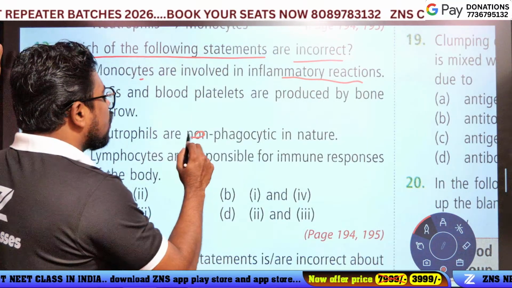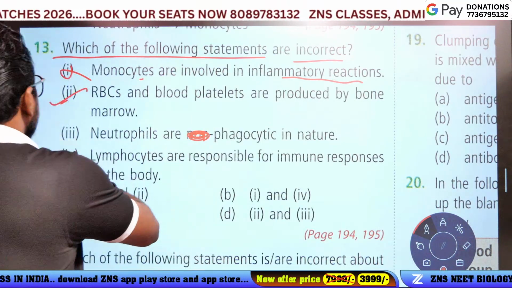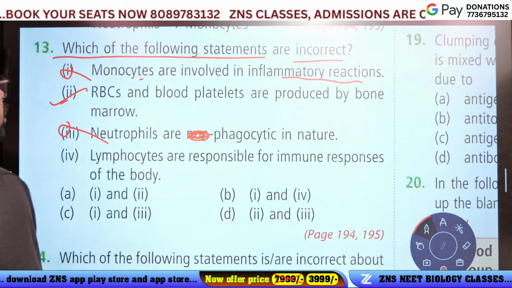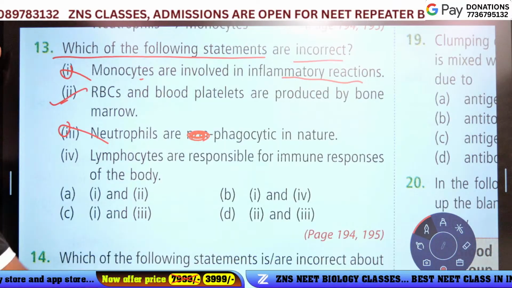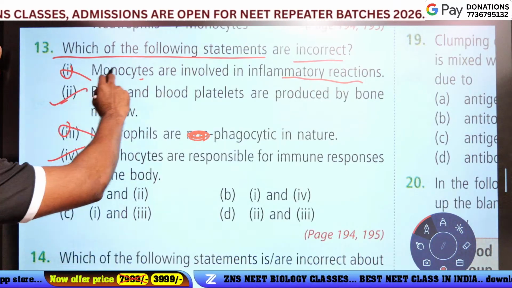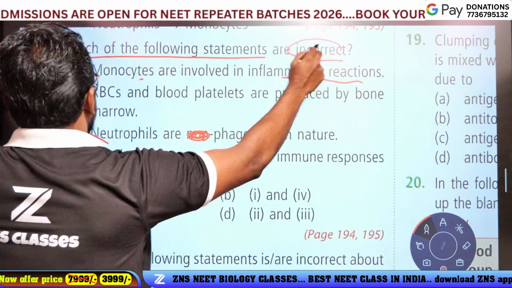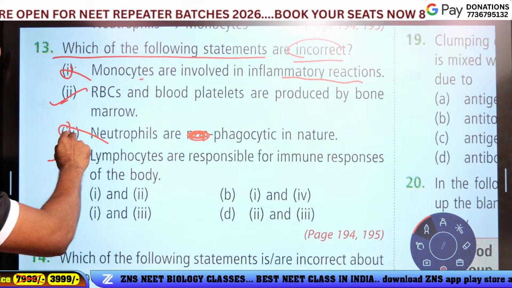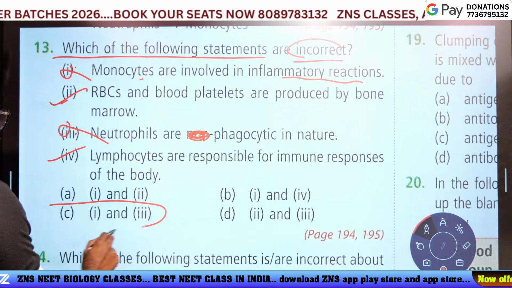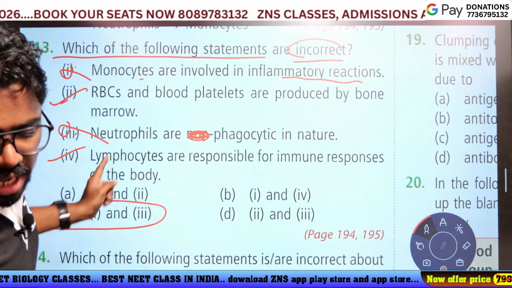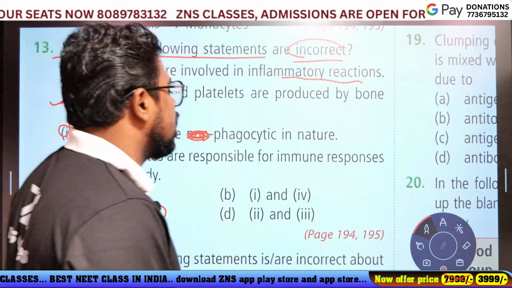No, it's a phagocytic nature, so option 3 is incorrect. Lymphocytes are responsible for immune response is correct. The question asks for incorrect statements, so options 1 and 3. Option C is the answer.